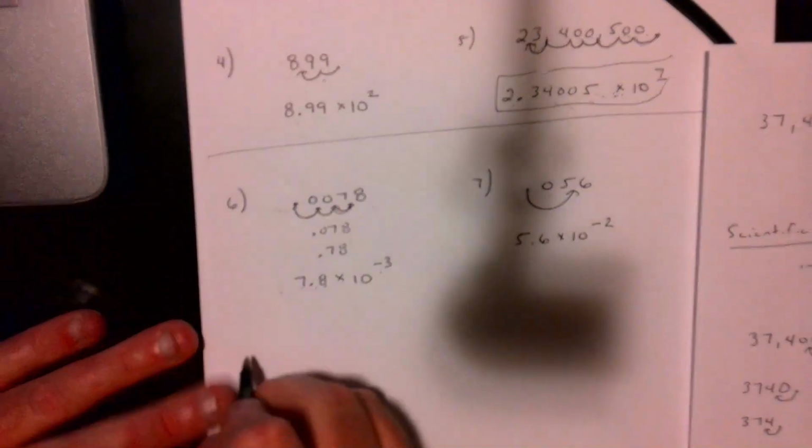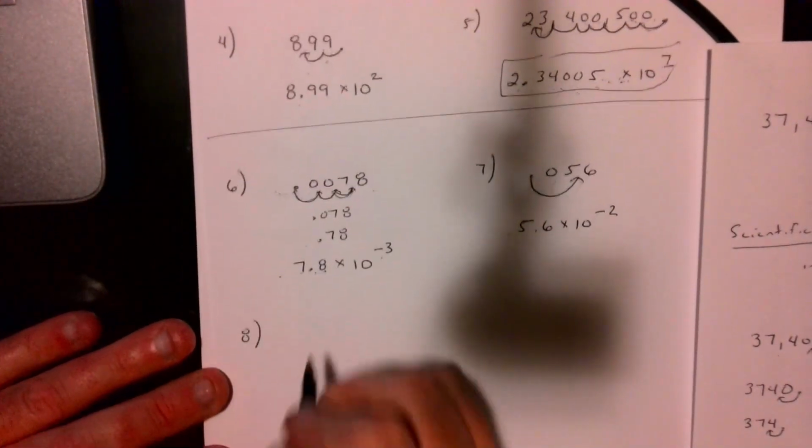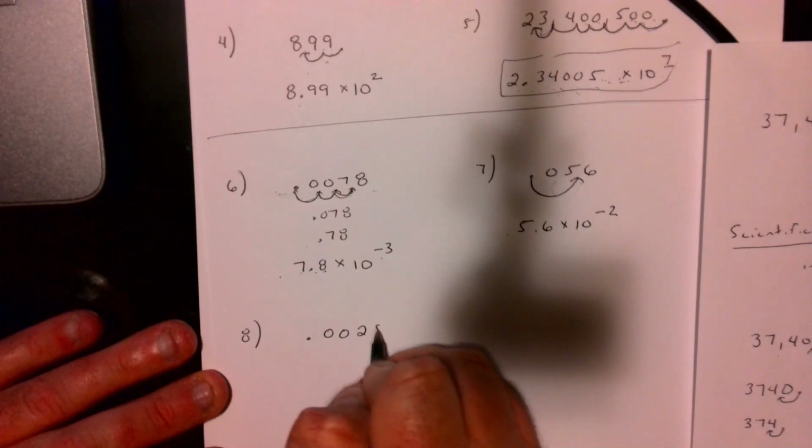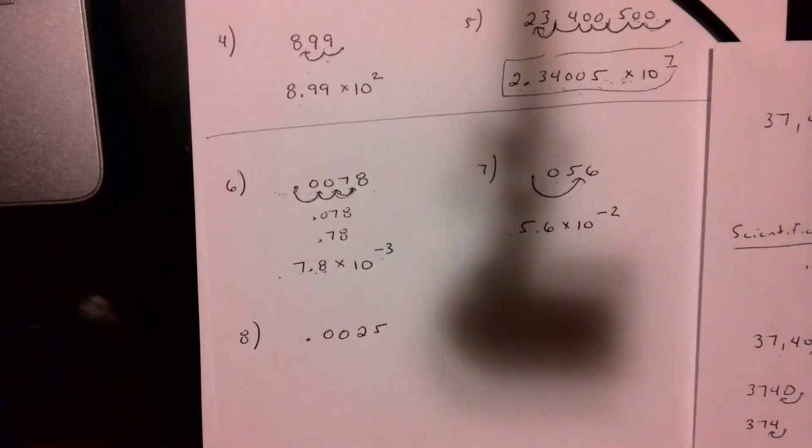Okay, I want you guys to try one. 0.0025. Write that into scientific notation.